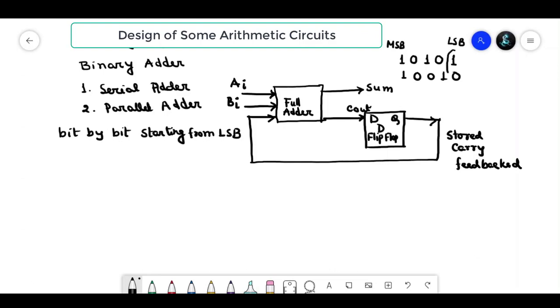The addition of these two numbers will start with the LSB. Addition of one bit position takes one clock cycle. So the addition of this bit position will take one clock cycle, this will take one clock cycle, this will take one clock cycle, and this will take one clock cycle. So if there are 5 bits, then we need 5 clock cycles to add.